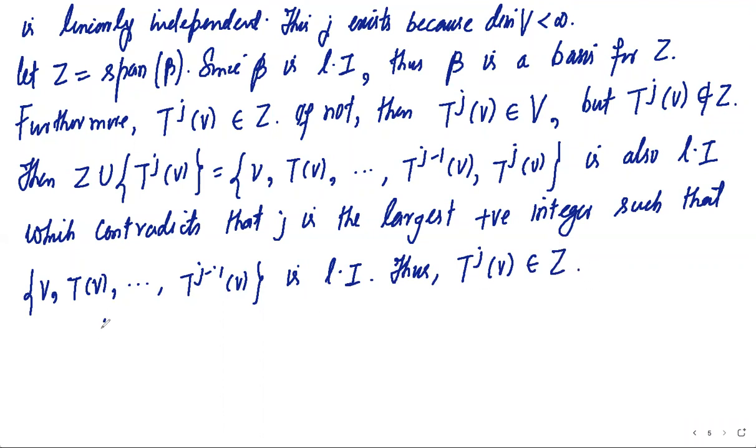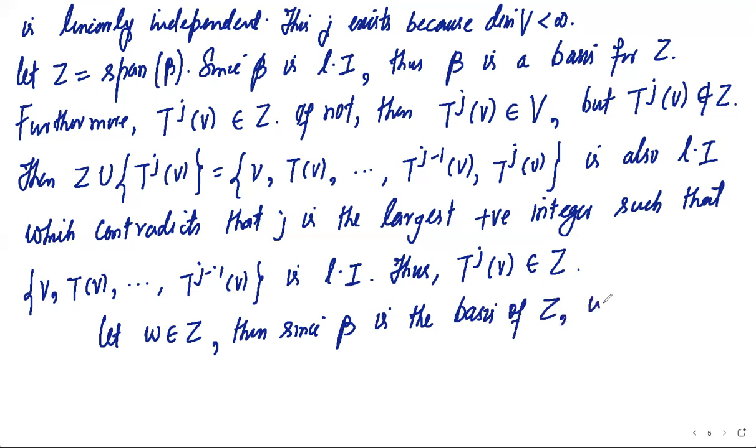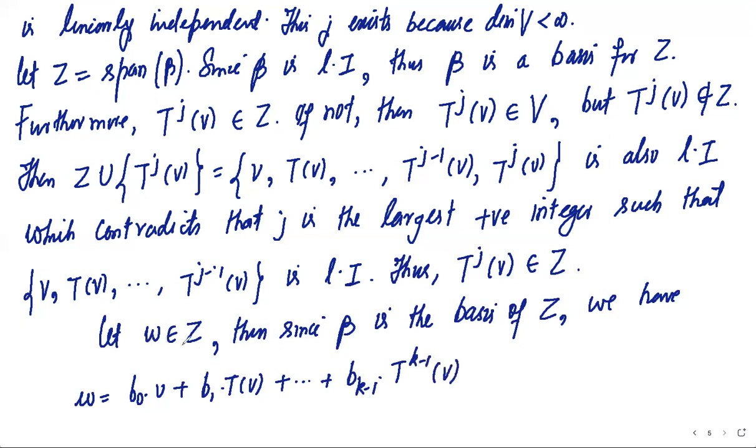Now let W be an element of Z. Then since beta is the basis of Z, this W can be written as some B0 times V, plus B1 times T of V, plus so on, plus B(k-1) times T^(k-1) of V. Because whenever we have something in Z and we are given the basis of Z being beta, this W can be written as a linear combination of the vectors in the basis beta.